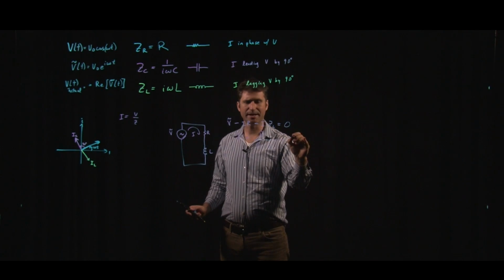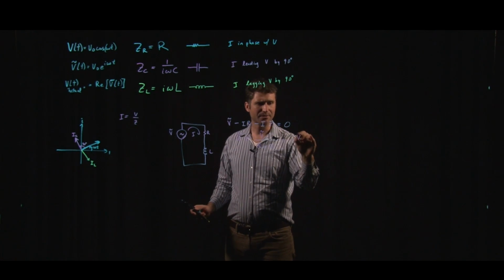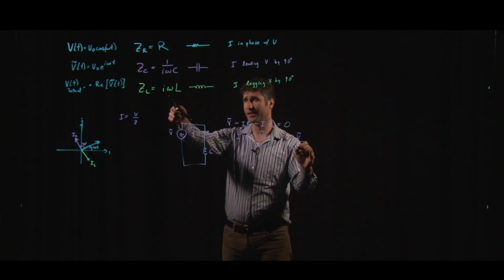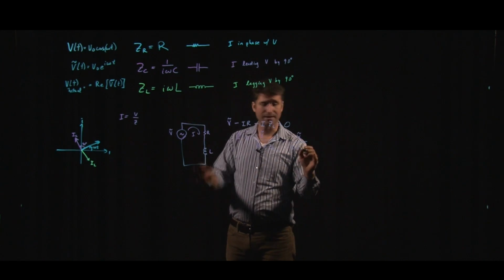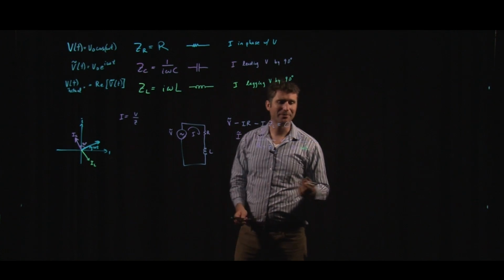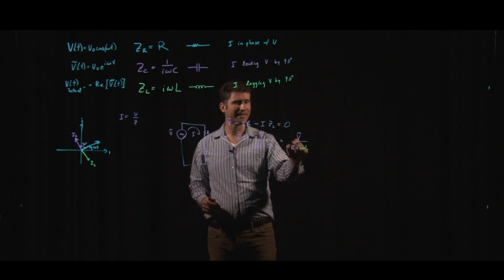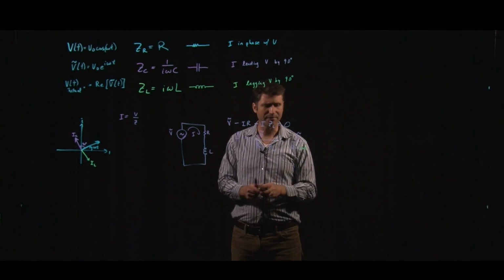And so then I can write that my I squiggle is equal to V over R plus, and then I need to use the complex impedance for the inductor, which is i omega L. Now we need to do a little bit of rearranging here to get this into something that's a little more obvious for us to read off.